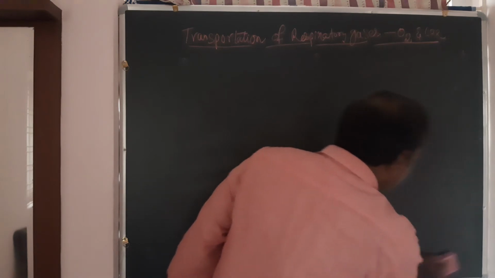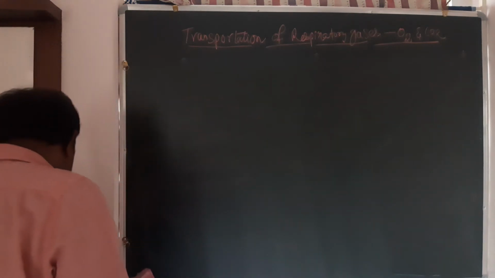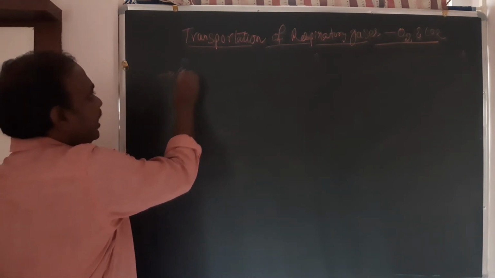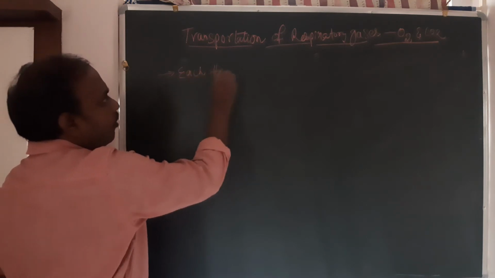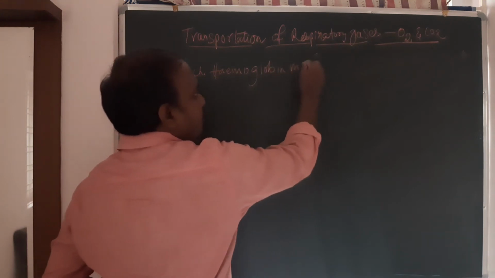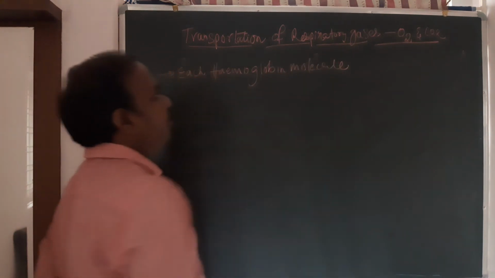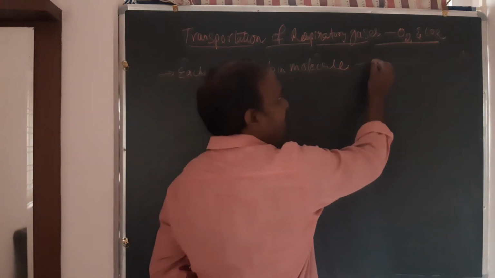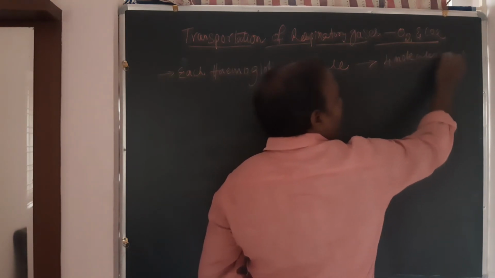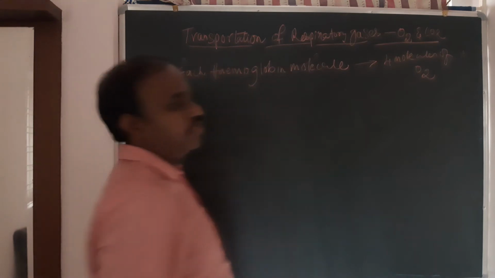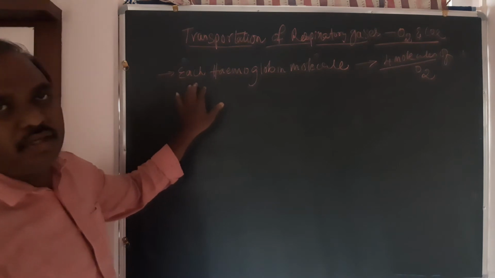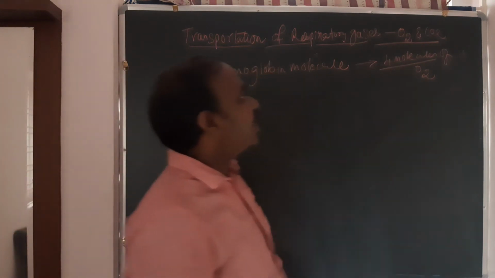Now, how much oxygen can be transported by hemoglobin? Each hemoglobin molecule can carry as many as 4 molecules of oxygen.